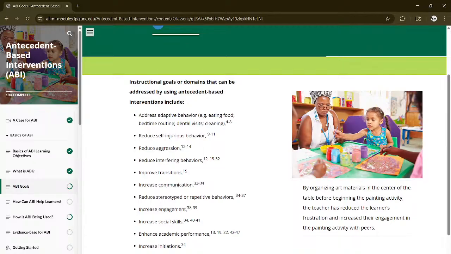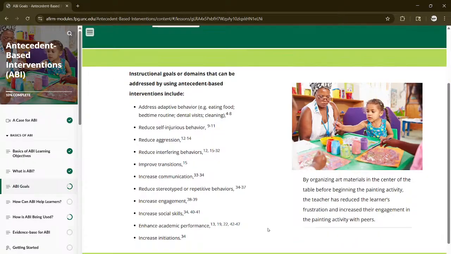And as we can see over here, we have a visual. By organizing art materials in the center of the table before beginning the painting activity, the teacher has reduced the learner's frustration and increased their engagement in the painting activity with peers.